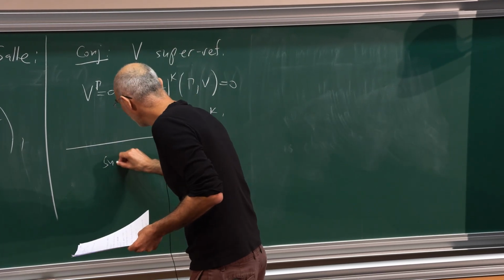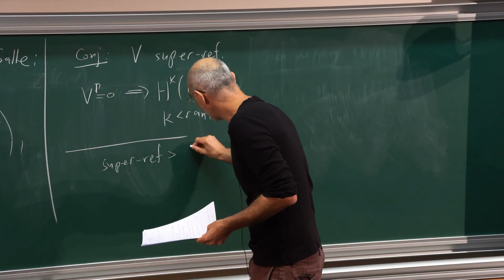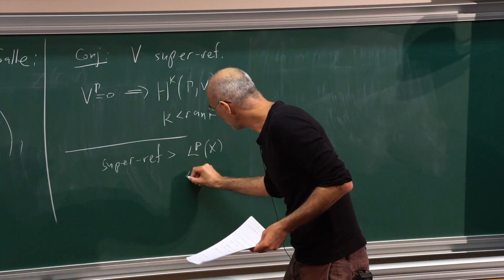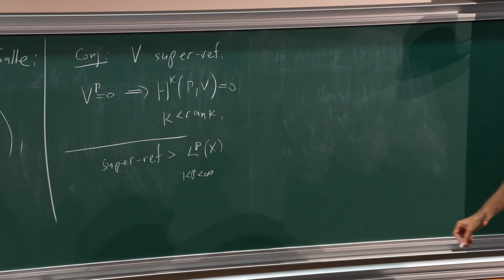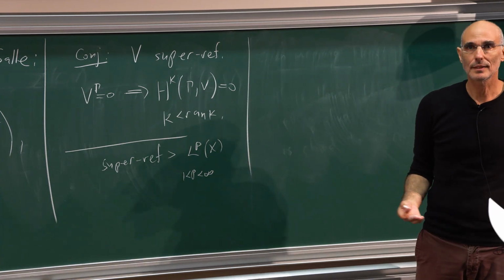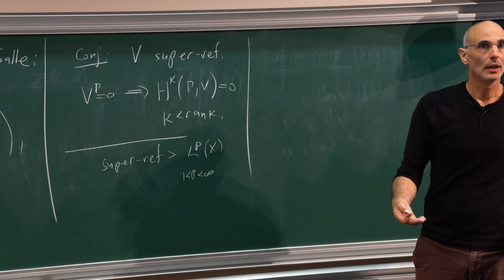So super reflexive I will not define, but it includes all LP spaces which are reflexive. Maybe I can say a word. You have reflexive Banach spaces. This is a natural class. We all know what it is: the double dual is itself.